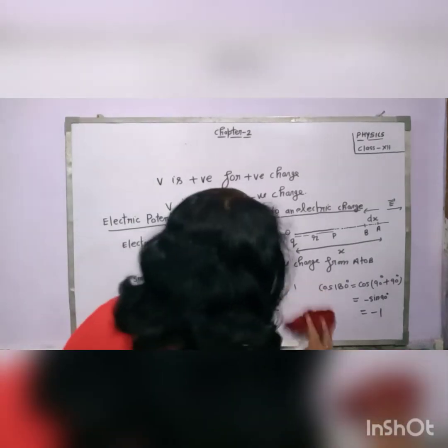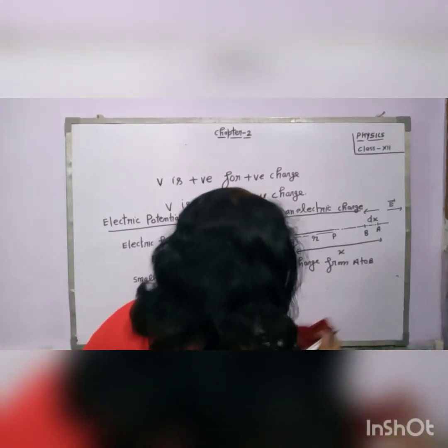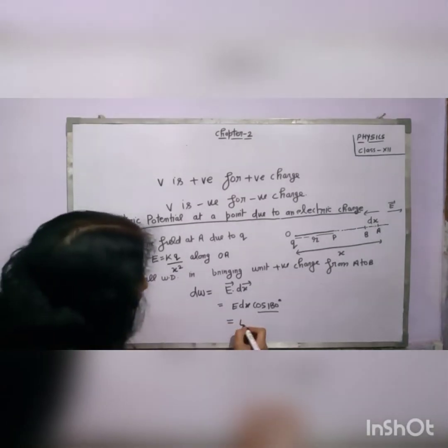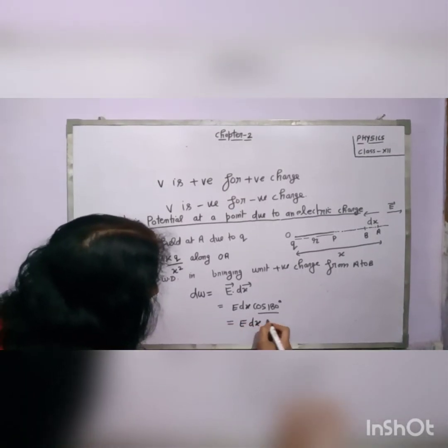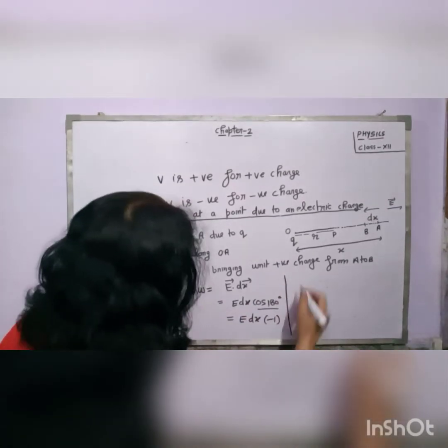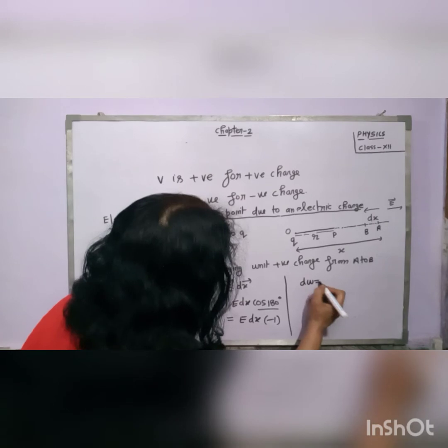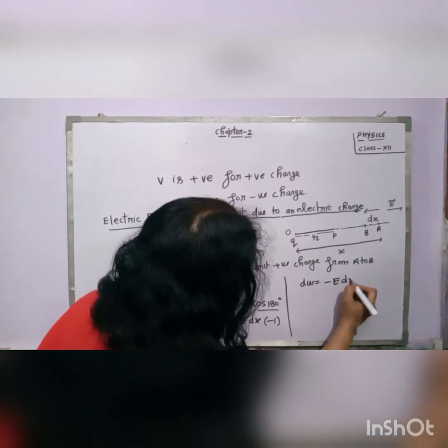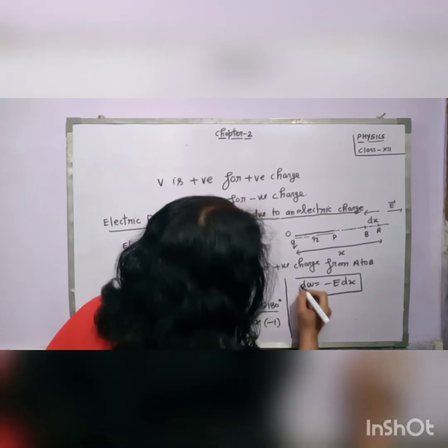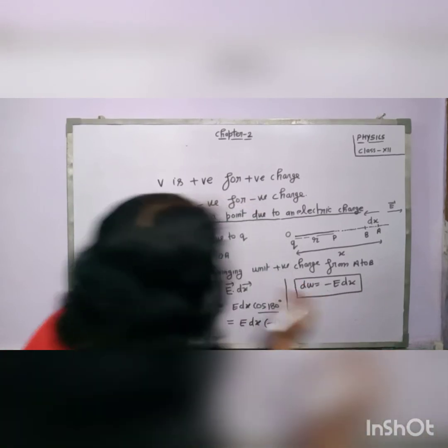We do not have to calculate this in the examination. Put the value of cos 180 directly. It becomes equal to E dx into minus 1. That means dW becomes equal to minus E dx. This expression is very important and can be placed within a square.